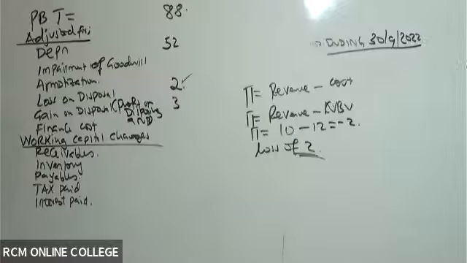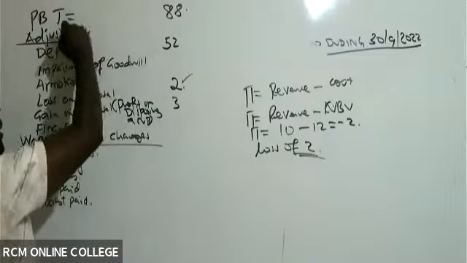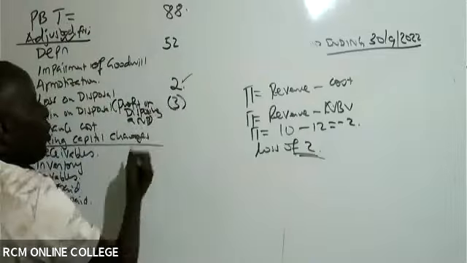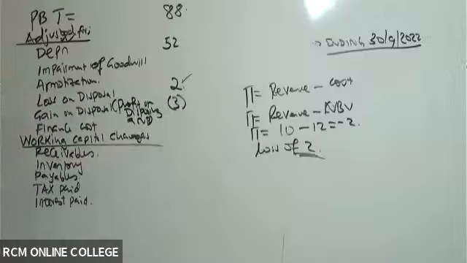Gain is the same as profit. But now remember, this profit was added here, and you're doing adjustments here. So profits here shall always be captured in brackets.